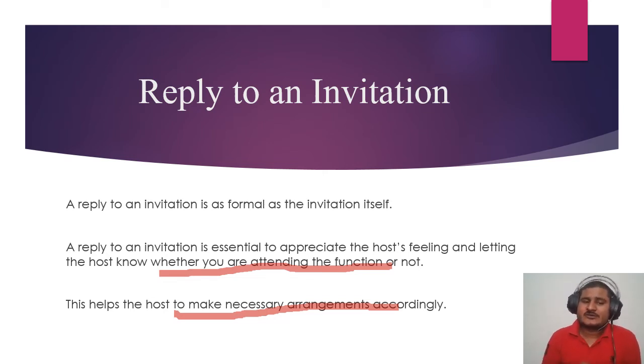And if you do not reply, then you suddenly go to the function and blame that the host has not arranged well. So it is not the host's problem, it's your problem that you have not responded to the invitation. So we have to reply to an invitation.